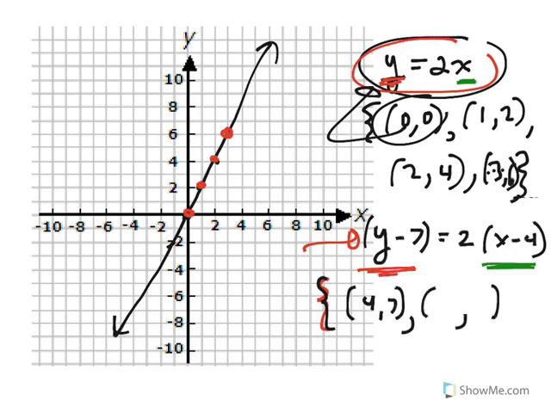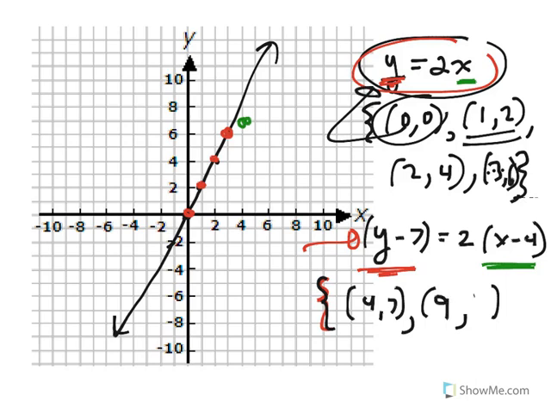I can do the same thing, and I'll actually plot this point here for 4, 7. I can do the same thing here with the point 1, 2. It's a fact that 2 is equal to 2 times 1. So if I put numbers into this other equation so that it becomes 2 equals 2 times 1, it would be 9 minus 7 is 2.